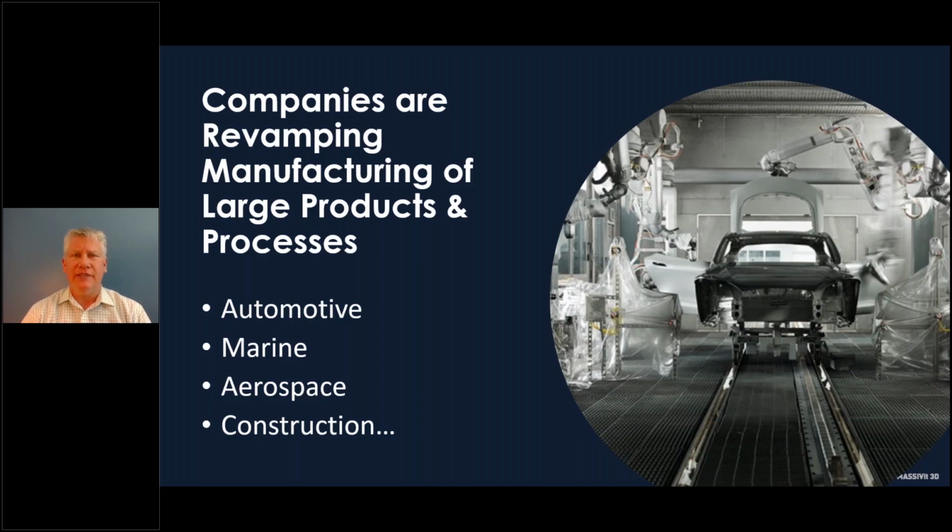But what we're seeing is a need for larger parts in the automotive market, the marine market, aerospace, even construction. Using additive manufacturing has been limited by the compromises that they needed to make in time and speed to produce smaller parts. We want to expand that into full-size production.